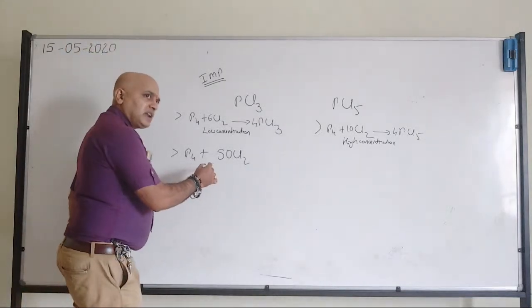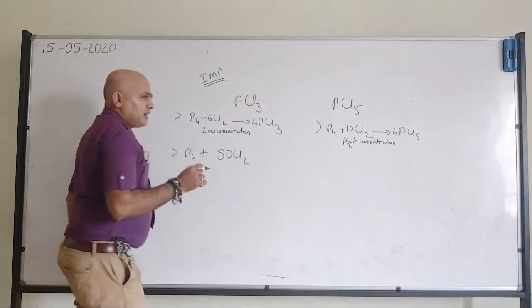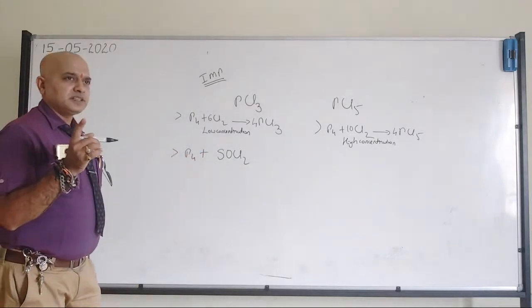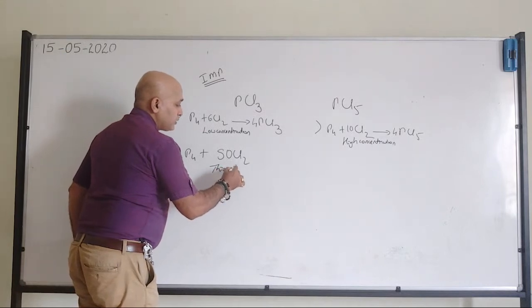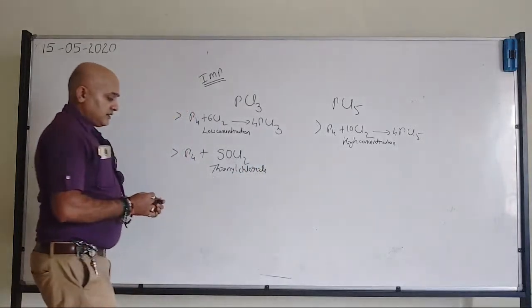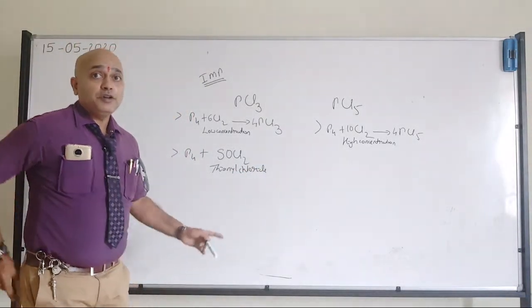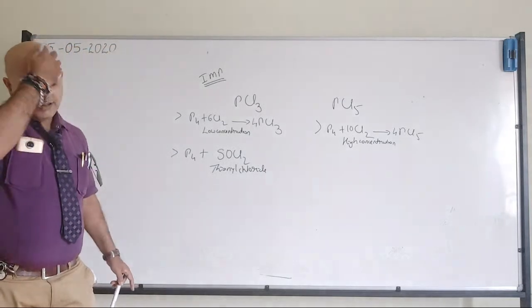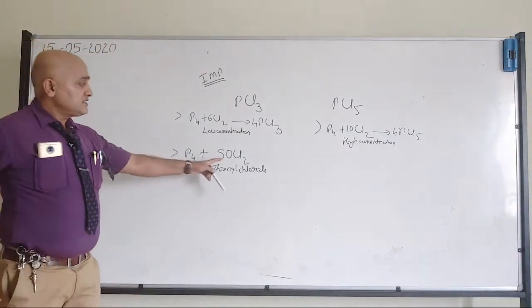I think somewhere I told you we are going to discuss this one in some topic, I think in organic chemistry, right? In haloalkanes and haloarenes, yes. And I told you we are going to come across this molecule in the P block element. So SOCl2.